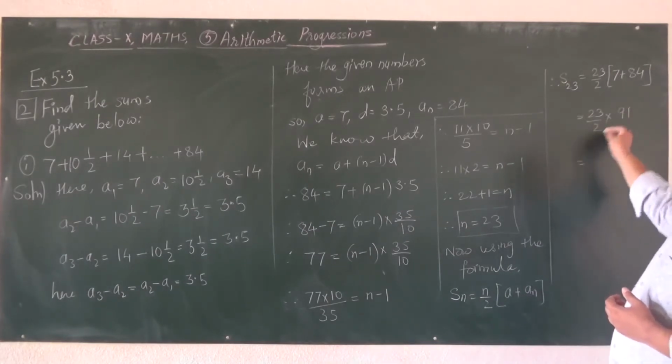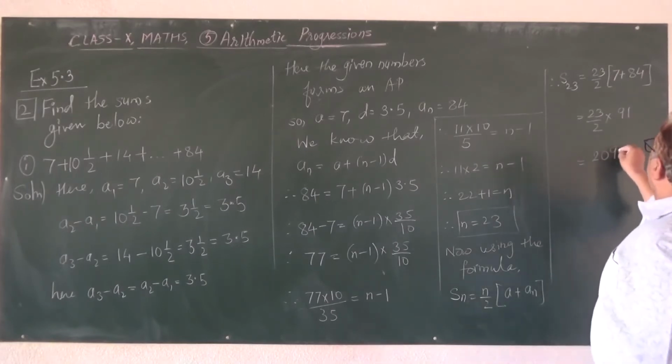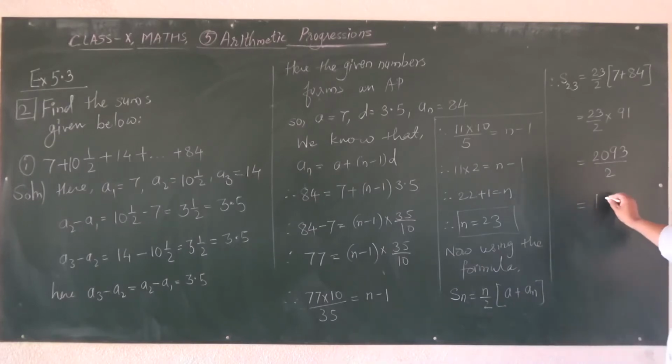Okay, simplify this. Multiply and divide by 2. So this will turn out to be 2093 divided by 2. 2 ones are 2, 2 zeros are 0, 2 fours are 8, remainder 1, 2 sixes are 12, and 2 fives are 10.